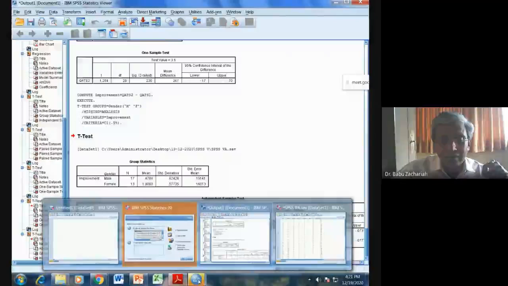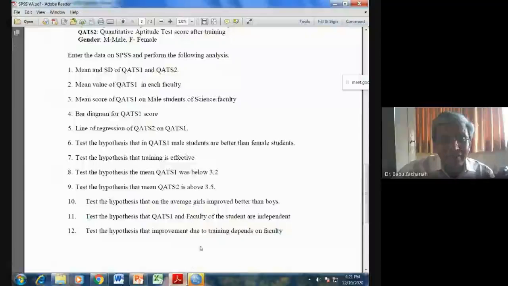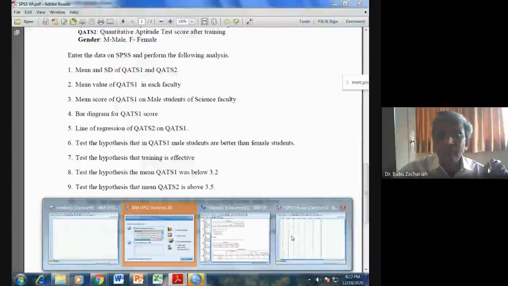And then test the hypothesis that Quartz 1 and faculty of students are independent. Quartz 1 and faculty are independent. So it's a very simple procedure.